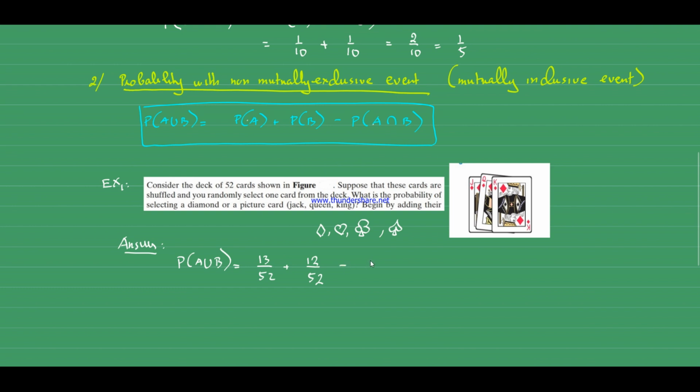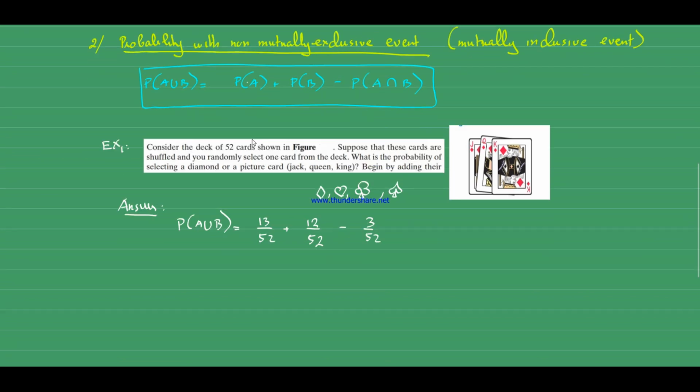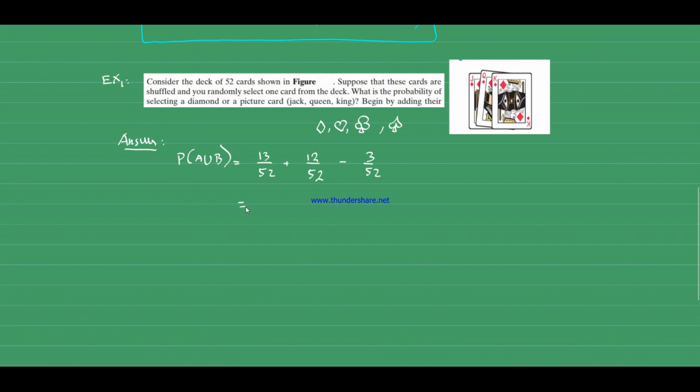Then you have to subtract the probability of having a diamond and a picture card at the same time, which is just 3 over 52. And now you see that you can calculate them, which gives you 25. 25 minus 3 is 22 over 52, which is 11 over 26, which you see is less than 1.